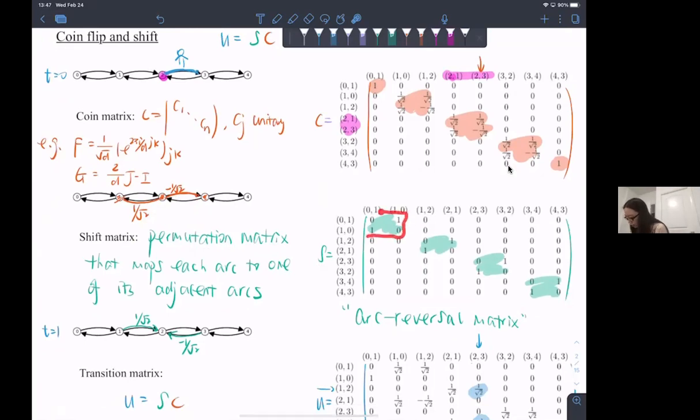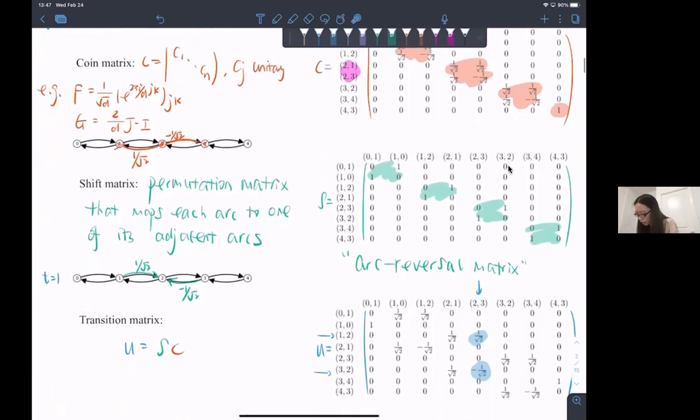Basically, every block is indexed by the two directions of one edge, and we just do a 2 by 2 permutation of these two arcs. So after the shift matrix, we go from a linear combination of these two directions to the same linear combination of the incoming arcs of 2. That is what the shift matrix is doing.